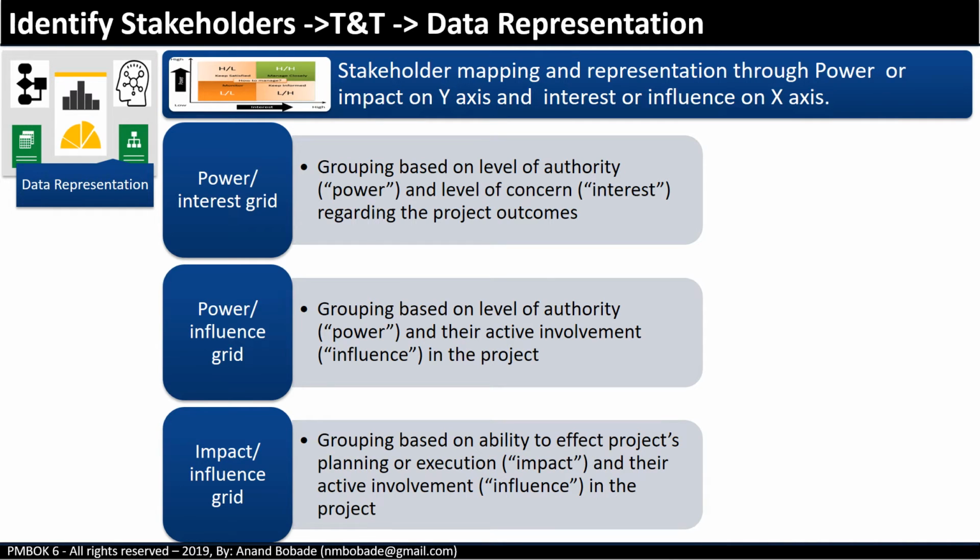Impact influence grid, where grouping is done based upon the ability to affect the project's planning or execution, that's impact, and their active involvement, that's influence, in the project. Let's see how it works in the next slide.